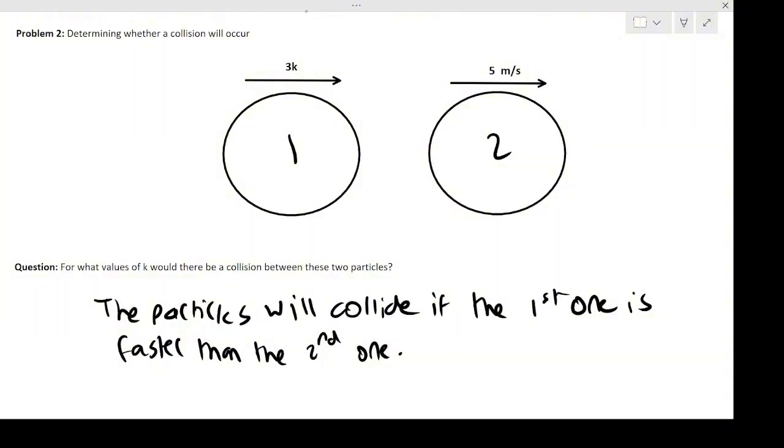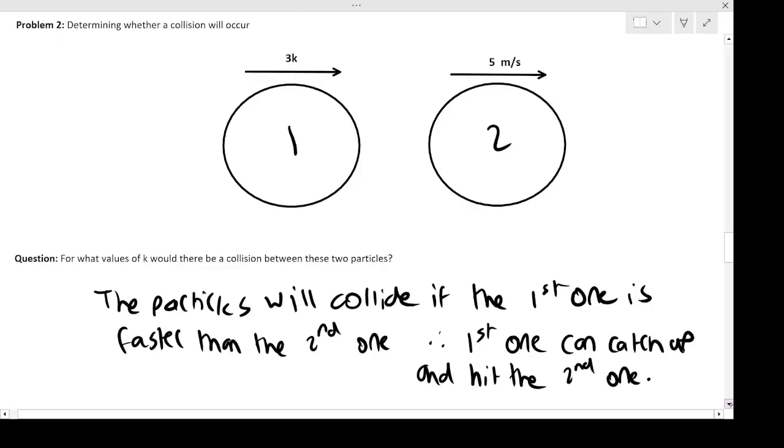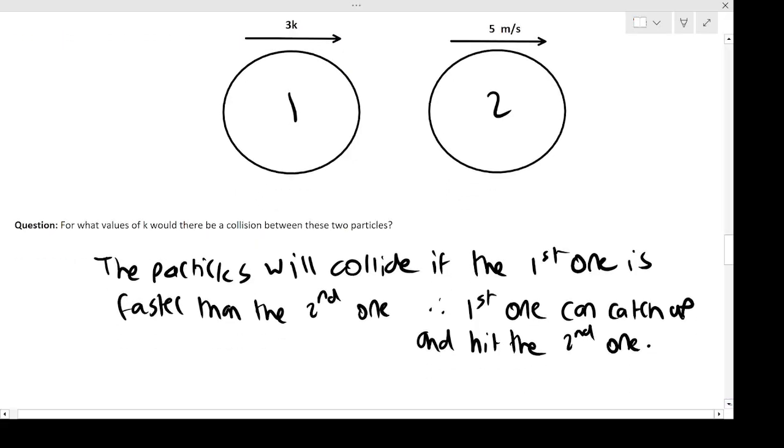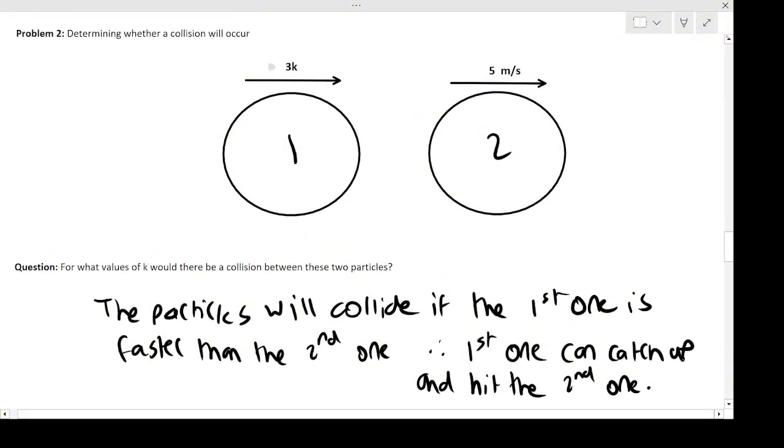And so I'm going to say that therefore the first one can catch up and then hit the second one. Okay, so how exactly can we do this mathematically then? So we've got this sense that if they were to collide, the first one has to be faster than the second one.